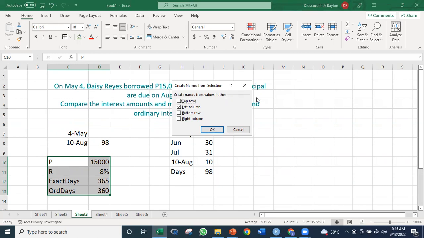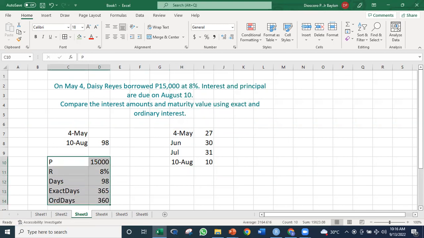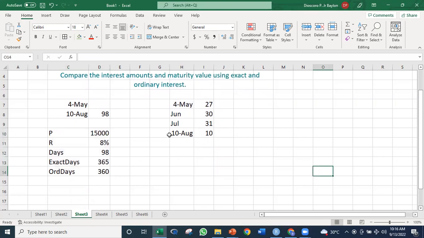Okay, and wait, let me also insert here the days. We can include it as a name. So I included here the days so that it can be part of the named range.